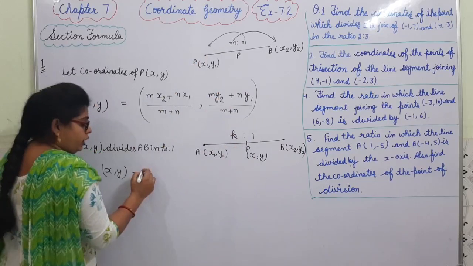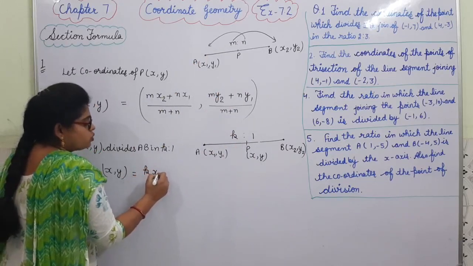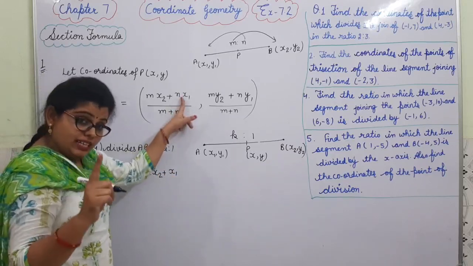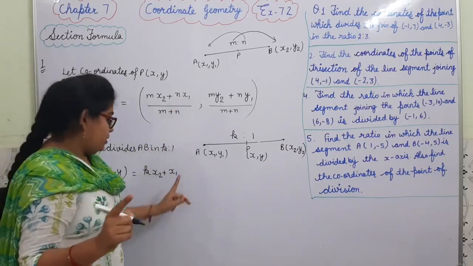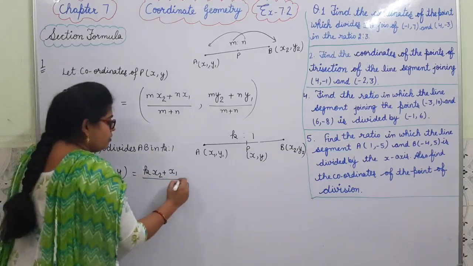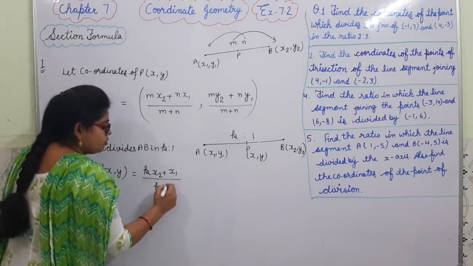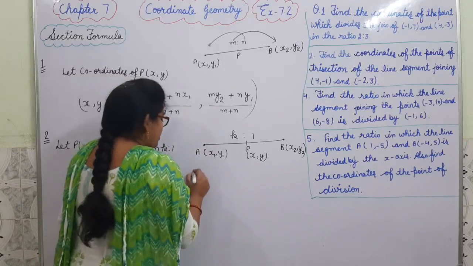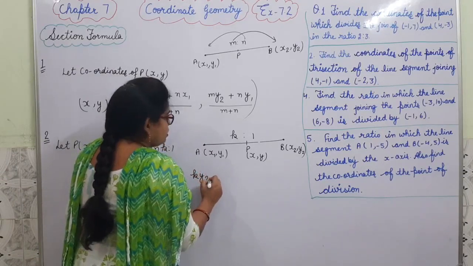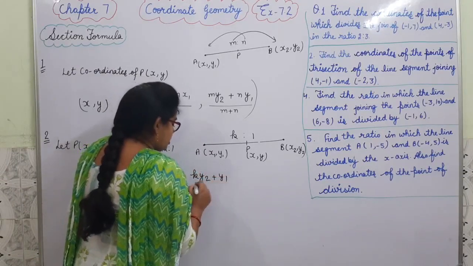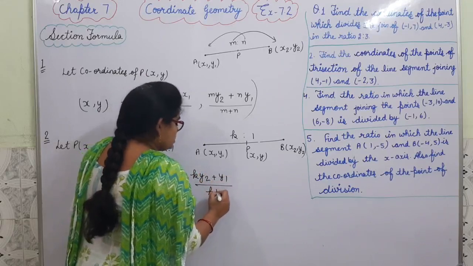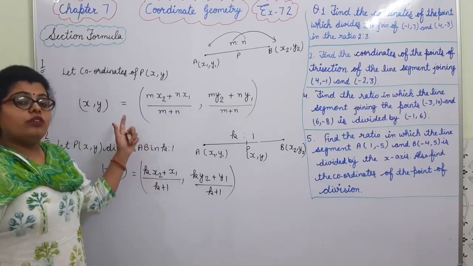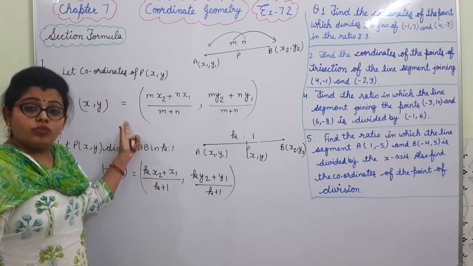Here it will reduce to kx2 plus x1, because n is 1, and 1 multiplied by x1 gives x1, divided by k plus 1, comma. Now here ky2 plus y1 divided by k plus 1. This is the second type of the section formula.